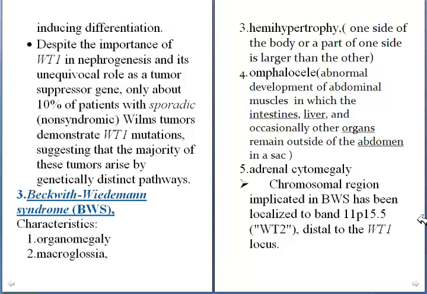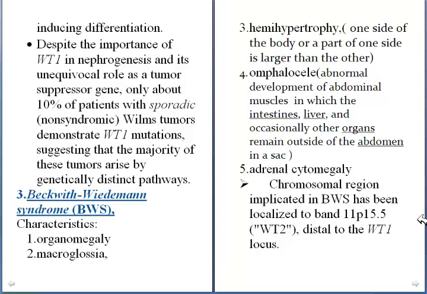The third disease that is associated with Wilms tumor is actually Beckwith-Wiedemann syndrome, in which everything is enlarged, because you have organomegaly, macroglossia, which is an enlarged tongue, hemihypertrophy in which one side or one part of the body is larger than the other, and omphalocele, in which there's abnormal development of the abdominal muscle, in which intestines, liver, and occasionally other organs remain outside of the abdomen in a sac.